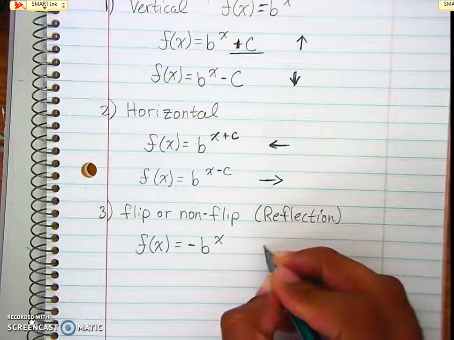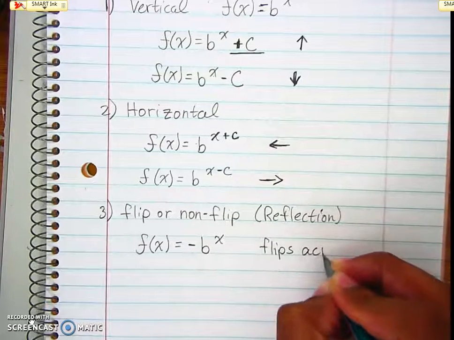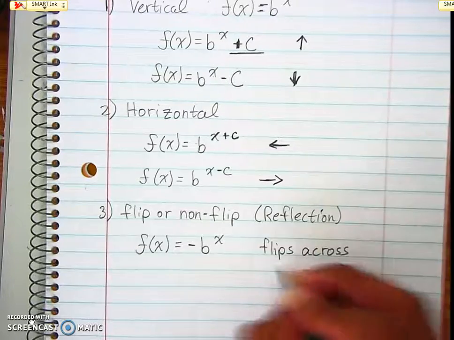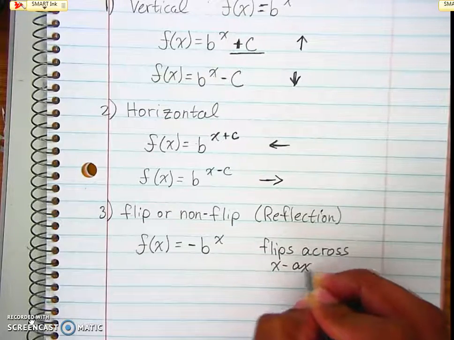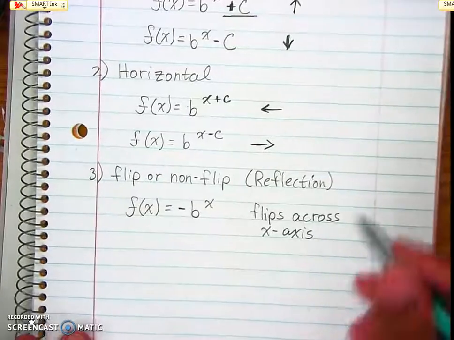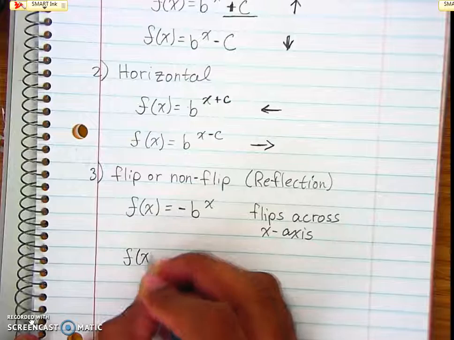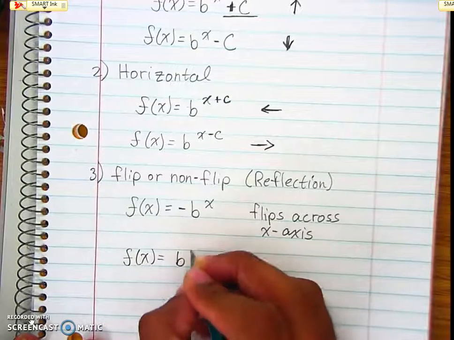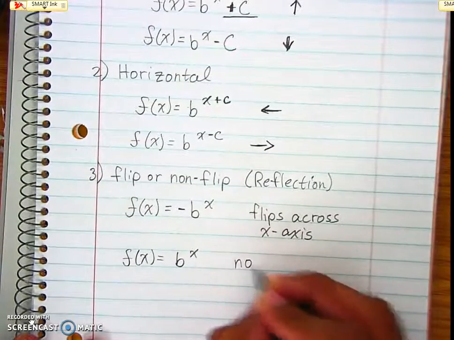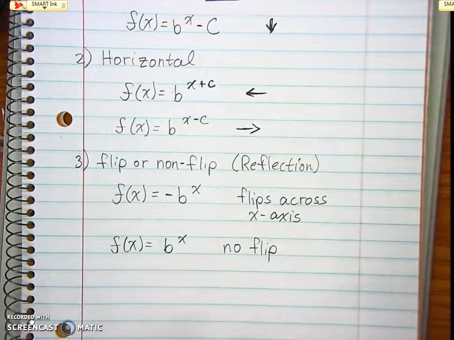So this just flips across the x-axis. And I'll give you an example of that in a few seconds. And then this one here just does not flip at all. No flip. So it should look the exact same way.